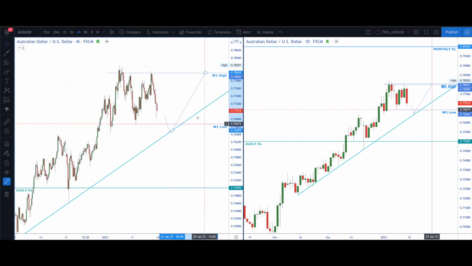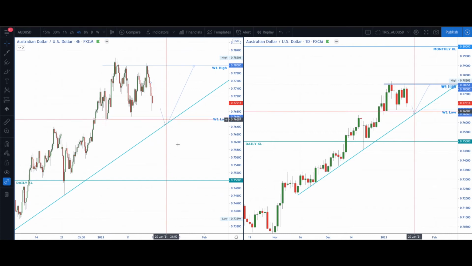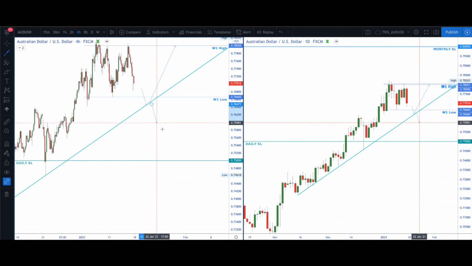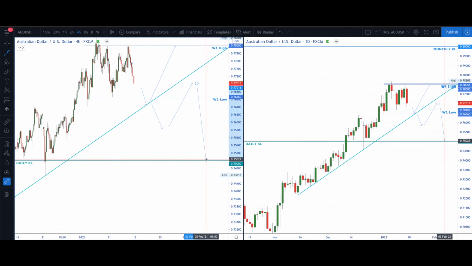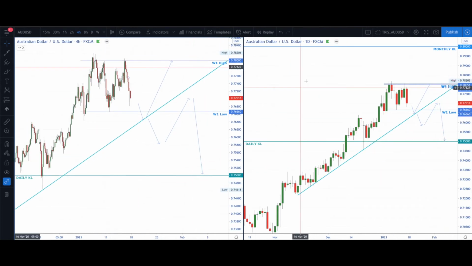That would be a nice scalp trade intra-week, or if we're going to continue down, we can break through this trend line and then we'll form a new leg down to the next level, which is at around 0.75. So by understanding the US dollar, you can understand how these pairs are going to play out this week. It just all depends on whether this bullish strength can sustain and keep pushing up, or it's going to come down. So that's the Aussie dollar.